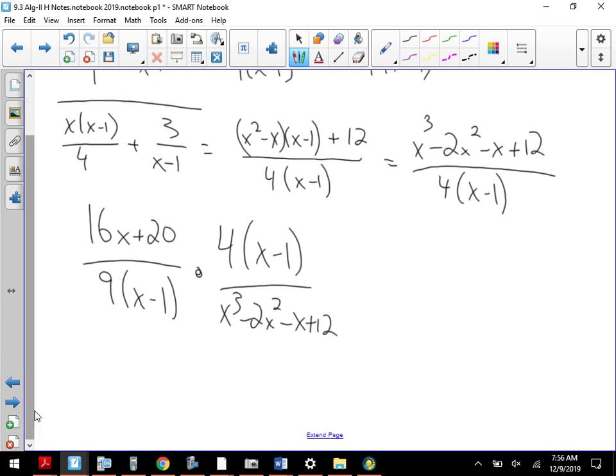This one's just kind of boring because you really can't get much out of it except for the x minus 1s. And then, like I always say, multiply out your numerators because nothing else is going to simplify there. So it's 64 and 80.